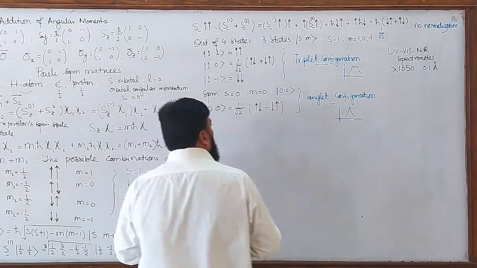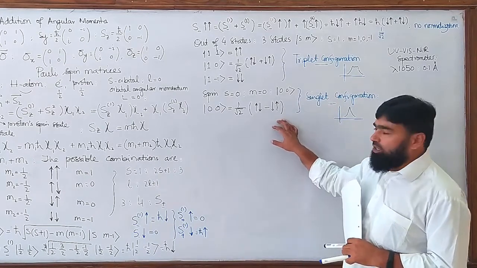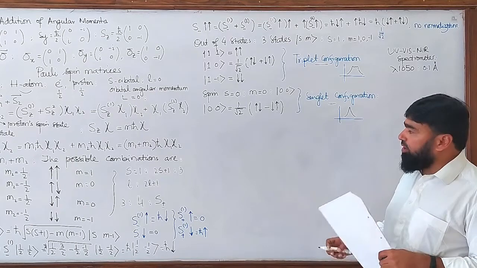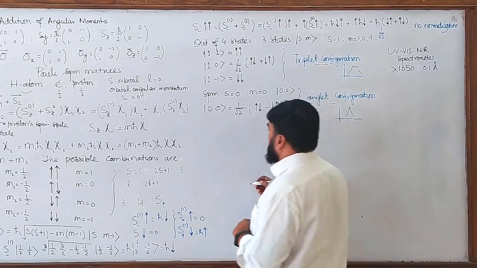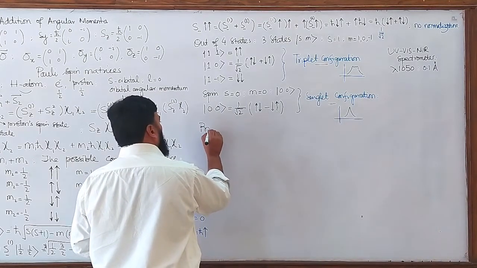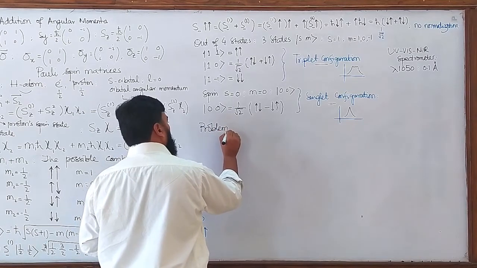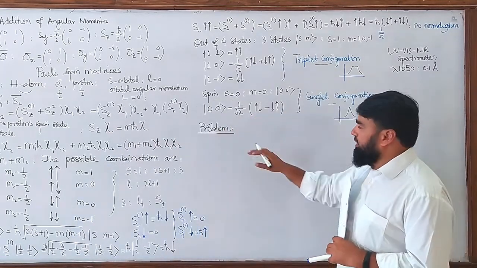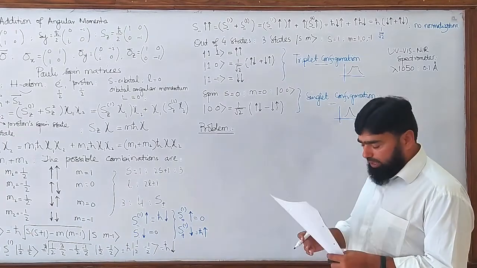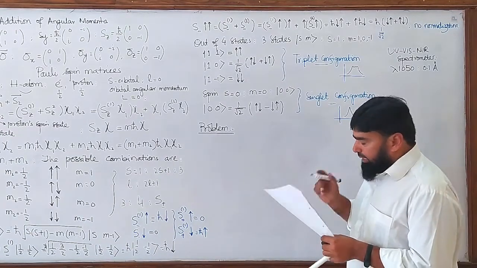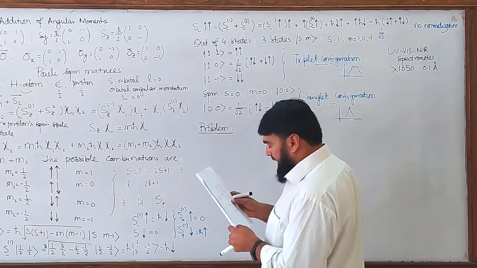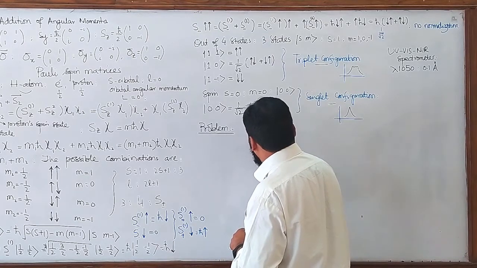Now, in order to test our mathematics, whether we did it right or not, you have one problem in your text. You can find the number, probably 4.27.